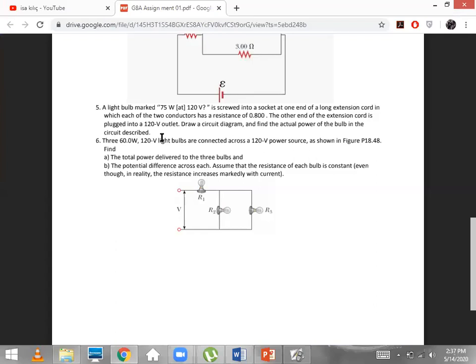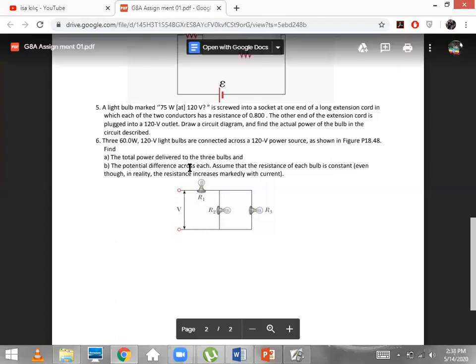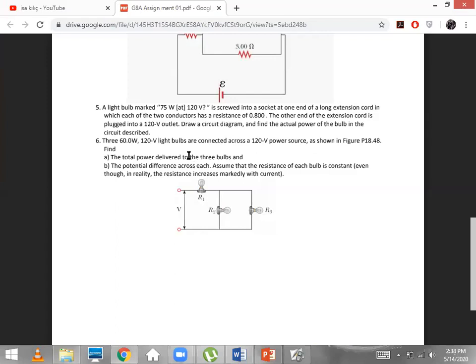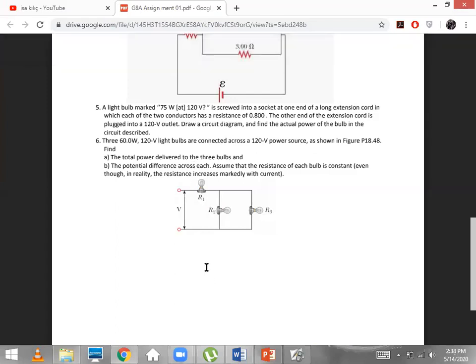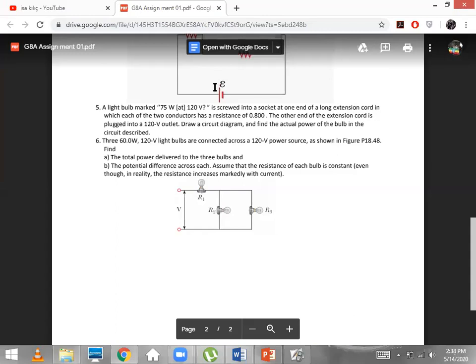The other end of the extension cord is plugged into a 120 volt outlet. Draw a circuit diagram and find the actual power of the bulb in the circuit described. First we are going to draw the diagram, and then find the actual power of the bulb.